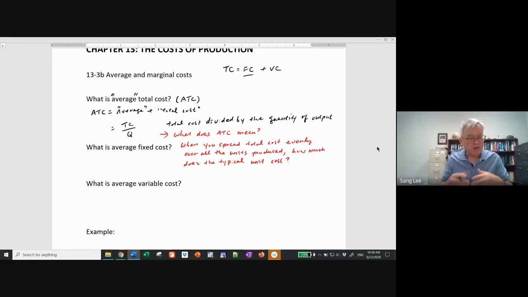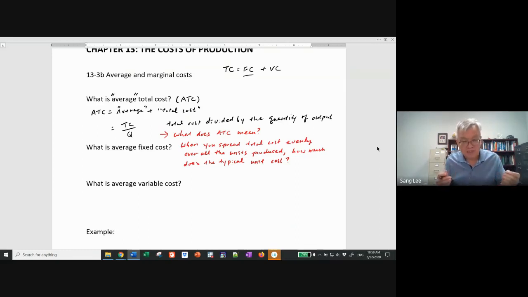You may wonder, hey, all we needed to know is a total cost. Why do we care about average total cost? Well, it is sometimes handy to know how much a typical unit costs instead of total cost. So how can we calculate the average total cost? It's very simple. You divide the total cost by quantity.